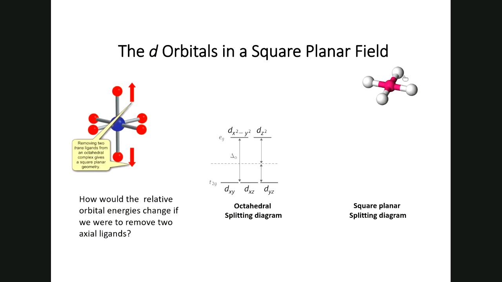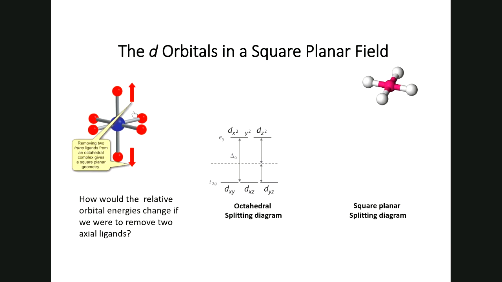So let's see if you guys are really getting this. If I were to remove these 2 ligands, so there are no longer ligands on the z-axis, my ligands are now going to be in the xy plane.